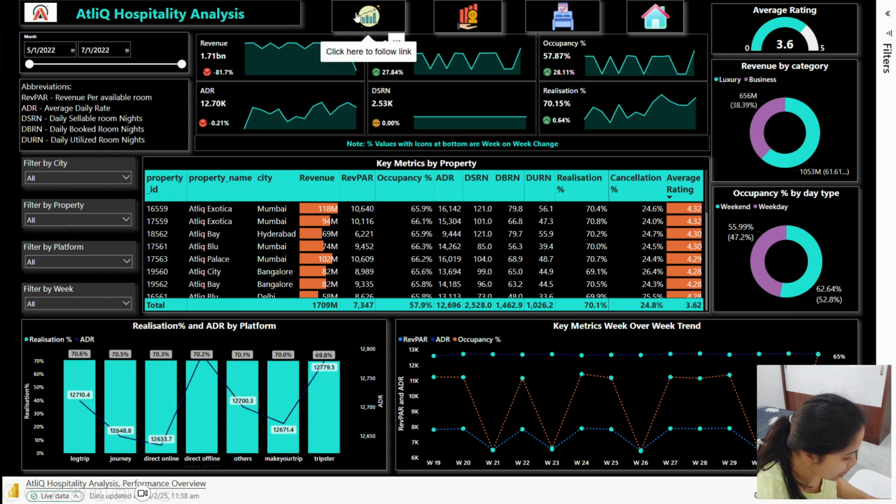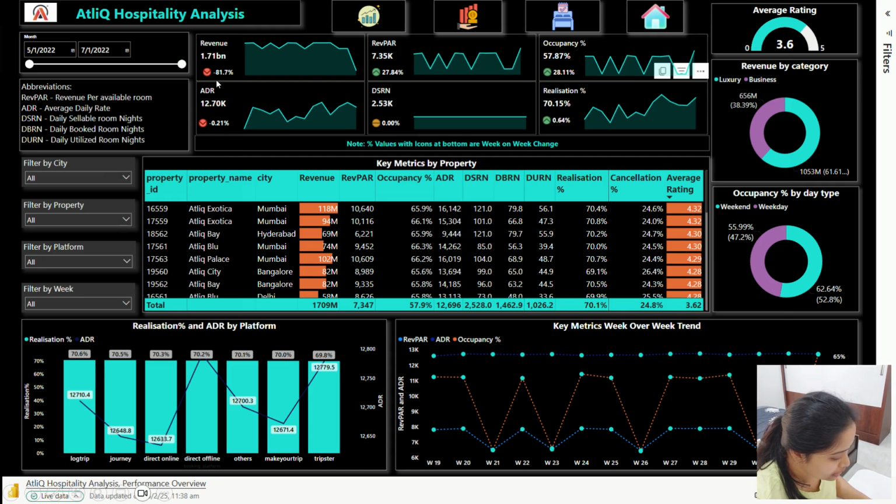On top, we have page buttons. With the help of these, we can navigate to different pages and dashboards. Then we have different cards here, which are the measures of revenue, RevPAR, ADR, etc. If we see this revenue card here, it shows the revenue, and below this it shows the week over week change.